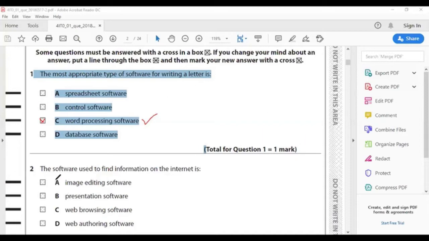That's 1 mark. Question 2, Usman, can you read this one? Software used to find information on the internet is software. Take a guess.